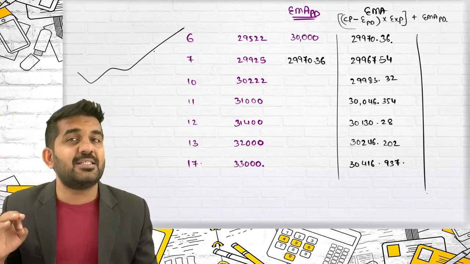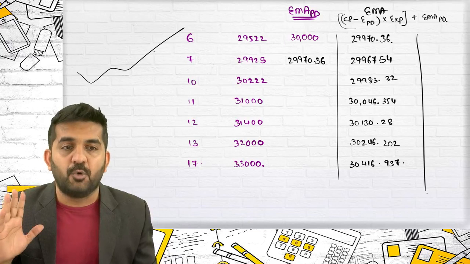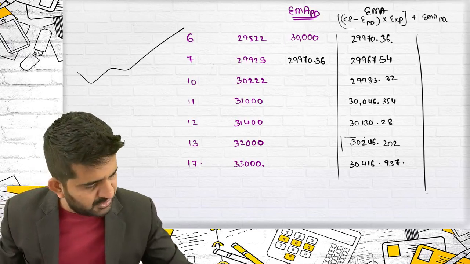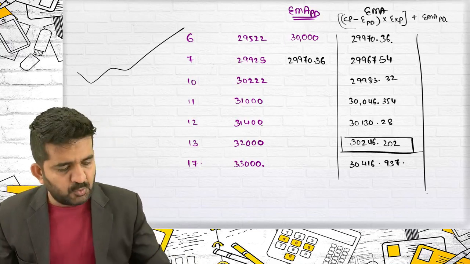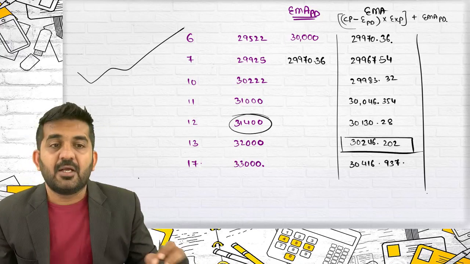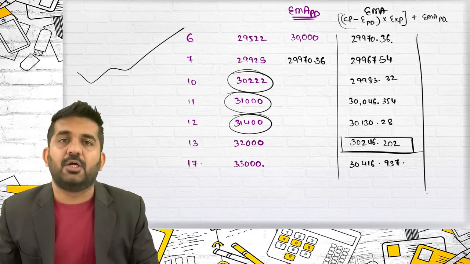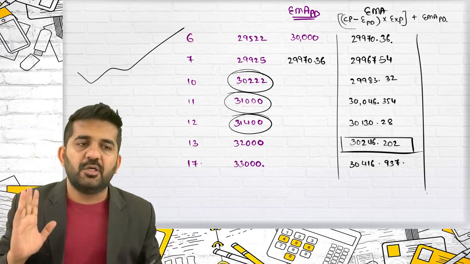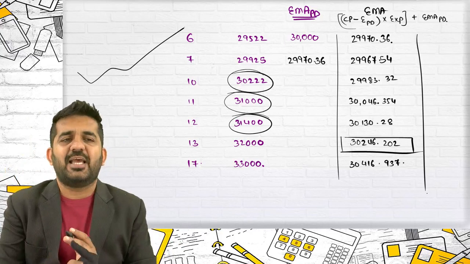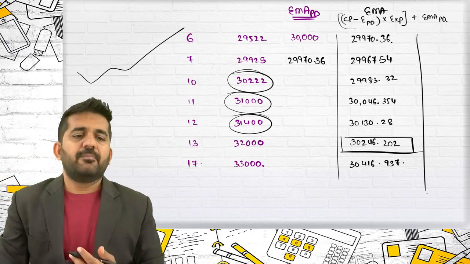The latest figures are given more importance, comparatively less to this figure, lesser to this, and so on. So this is exponential moving average.